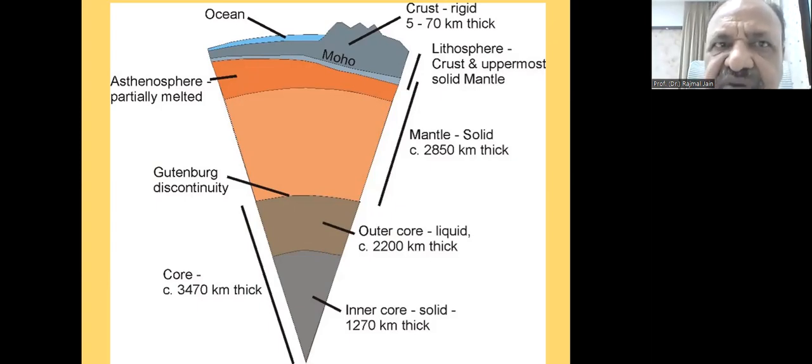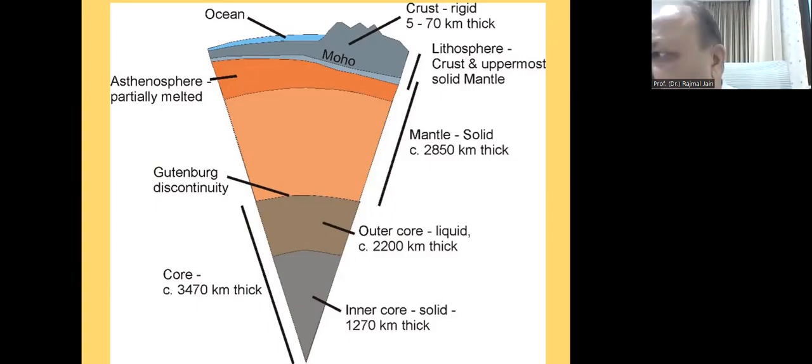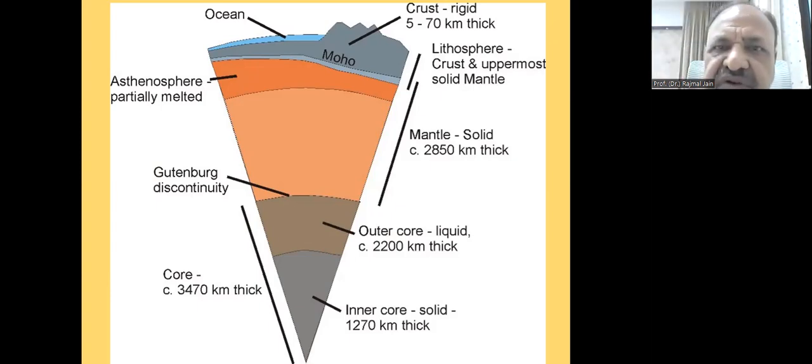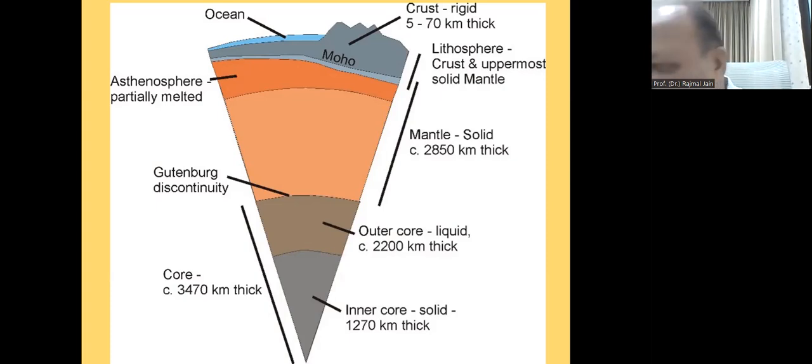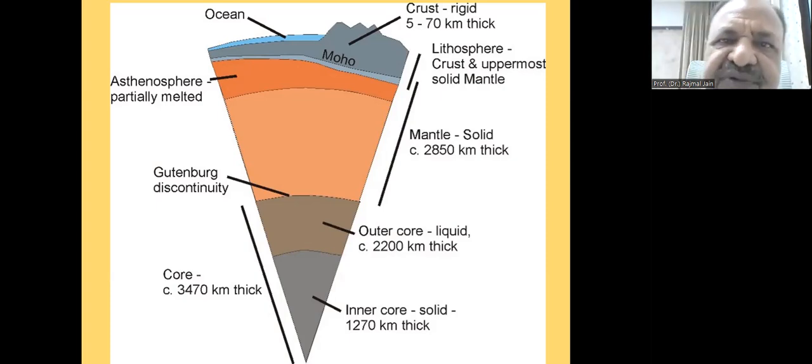Generally, when we talk about the crust, it means the top portion of about 0 to some 50 to 70 kilometers. In that, the first top surface, say up to 10 kilometers, almost 70% of the surface area is covered by the oceans.